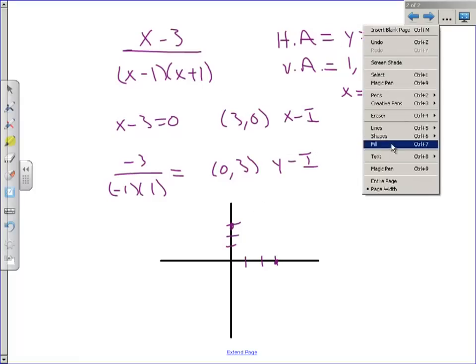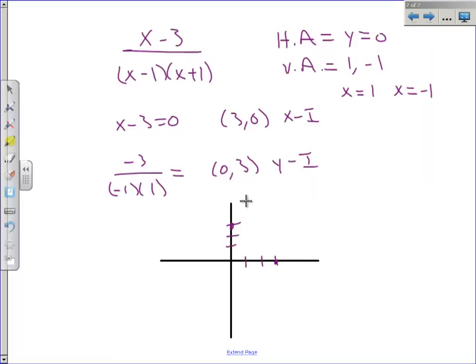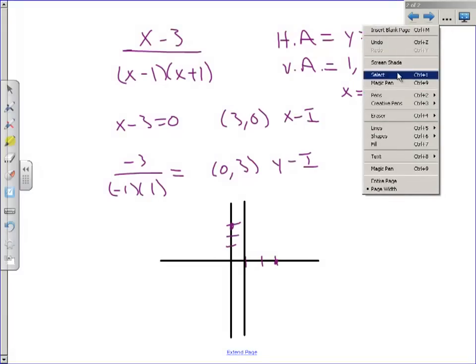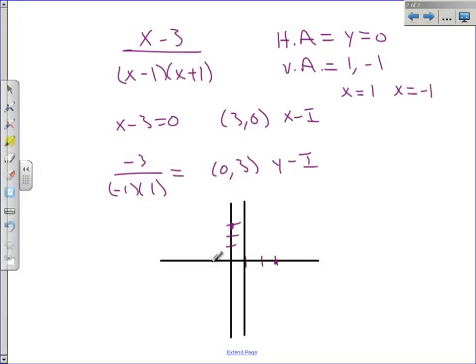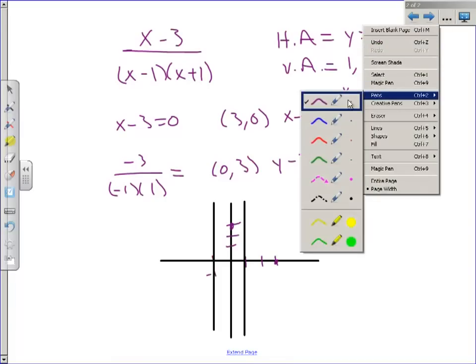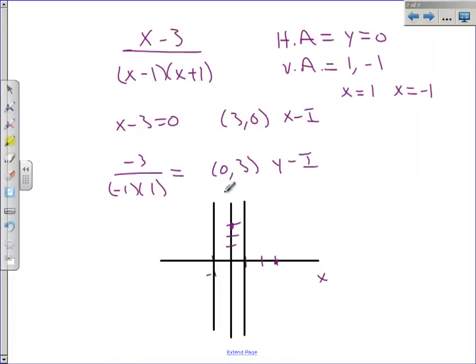So I've got a vertical asymptote out here at 1, and I also have a vertical asymptote out at -1. Then I also have a horizontal asymptote of y equals 0. So I've already drawn the x-axis there, so I don't need to do that again. This is my x, and there's my y-axis.